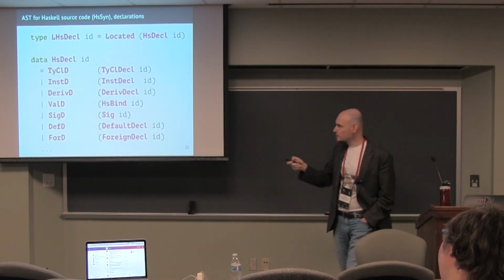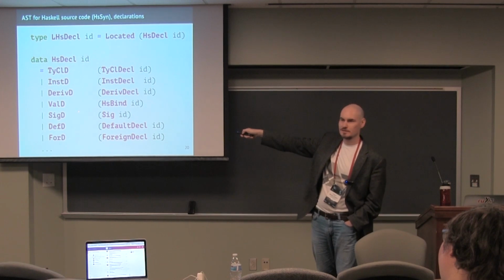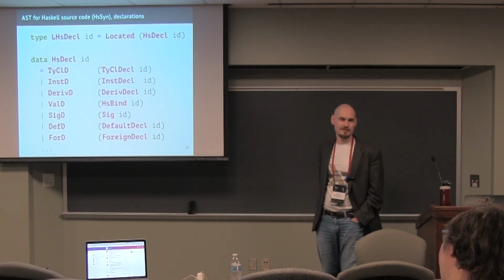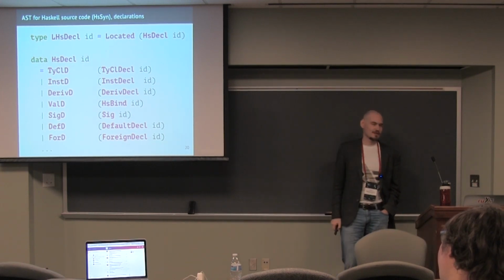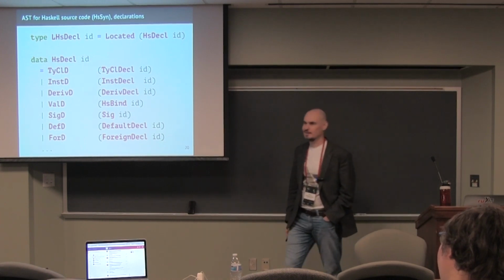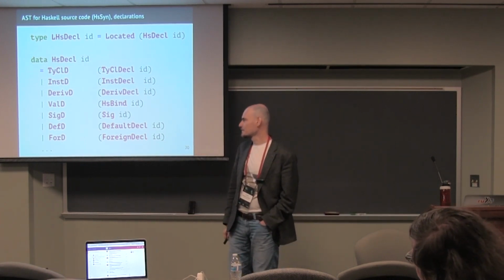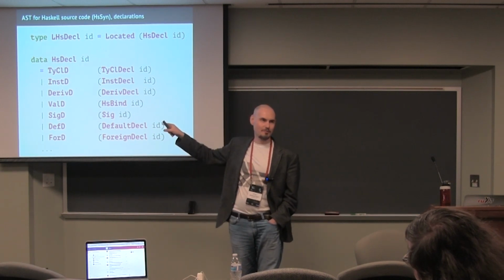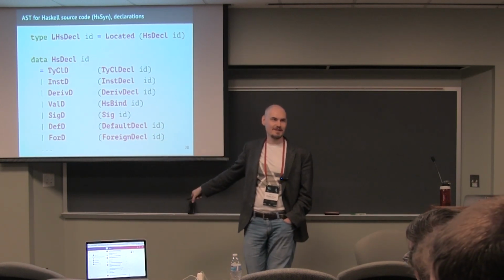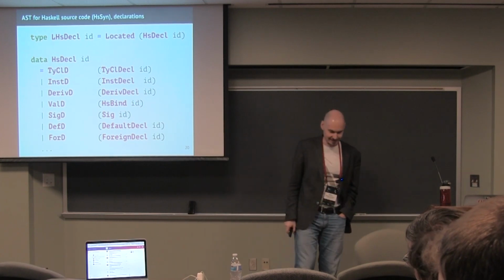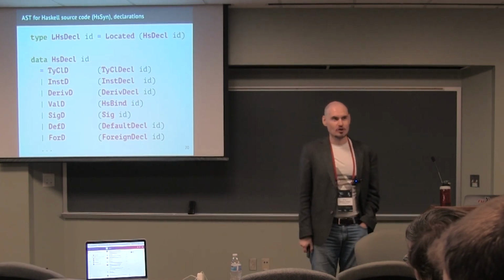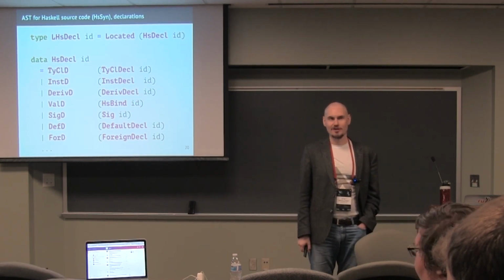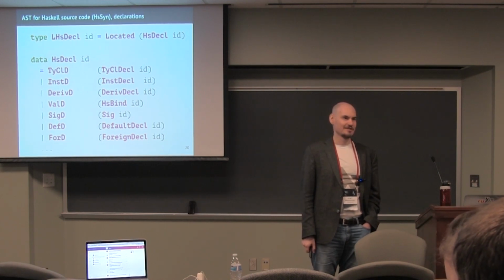What do you think about this one? What is it? ValD. Do you have any ideas what can be Val here? And that's actually the most important thing here in Haskell source code. Yes? Is it a pattern there? No. Can be top level in the module.